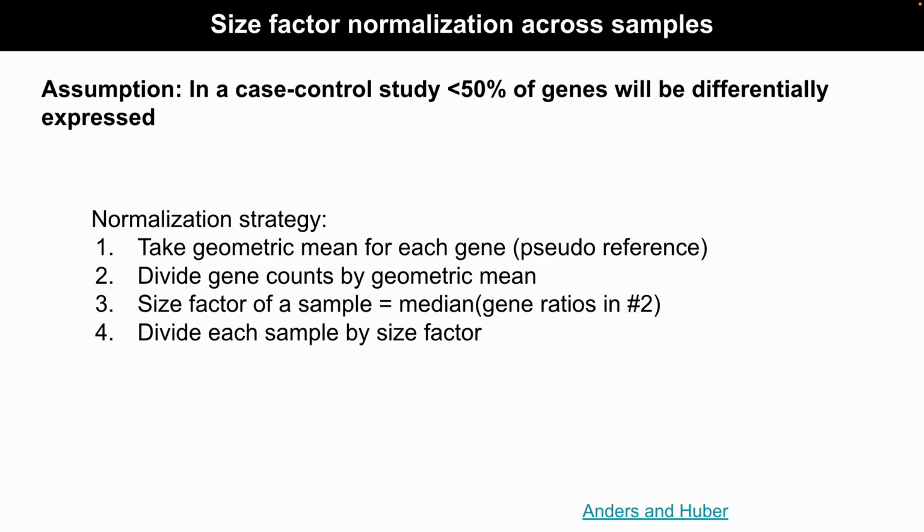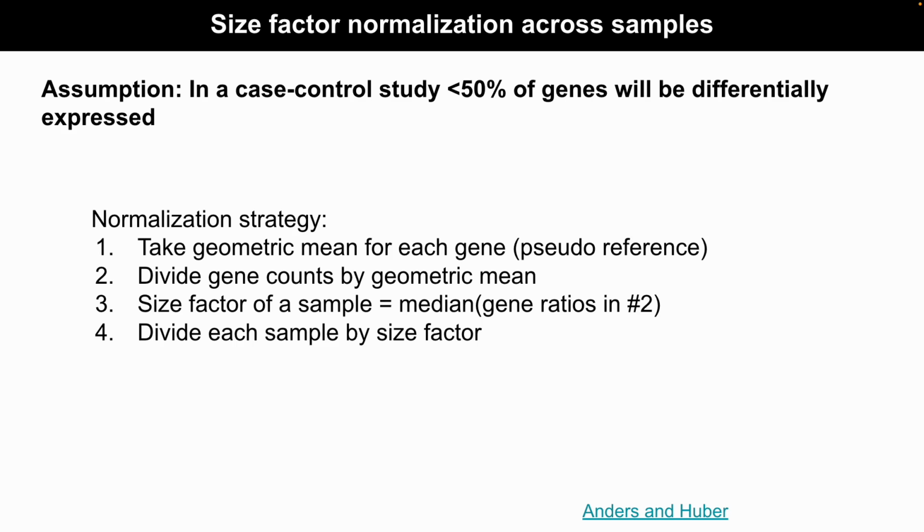Given 50% of them are not going to change, you expect that this geometric mean is in some sense the average essence of what the distribution of these genes should be, right? So when I divide this, essentially what I'm doing is seeing how much it is different from that reference level.